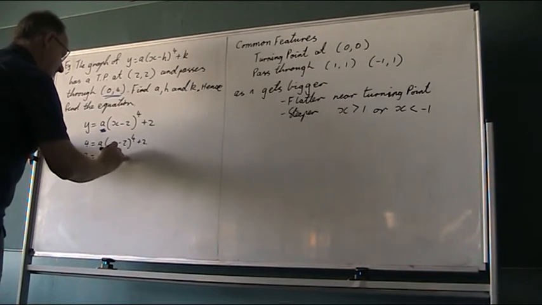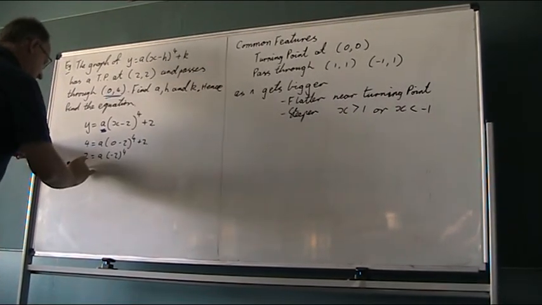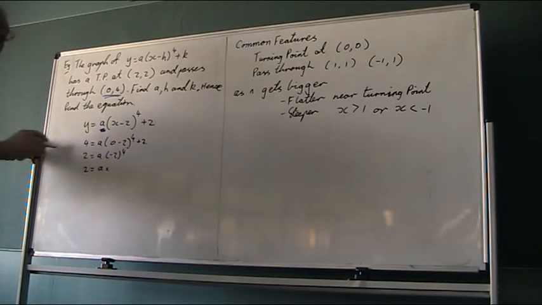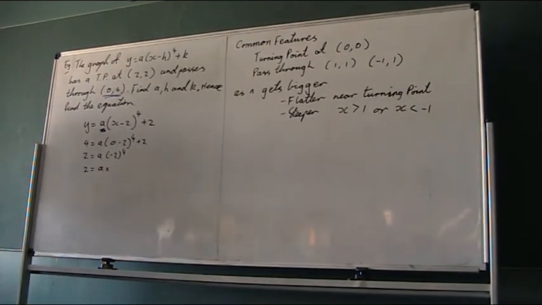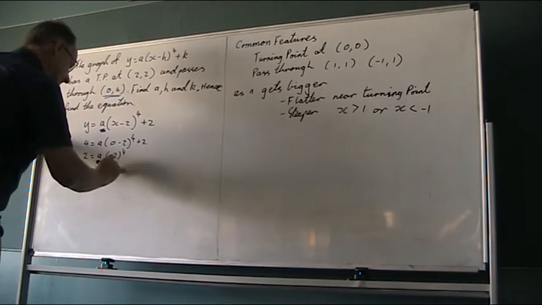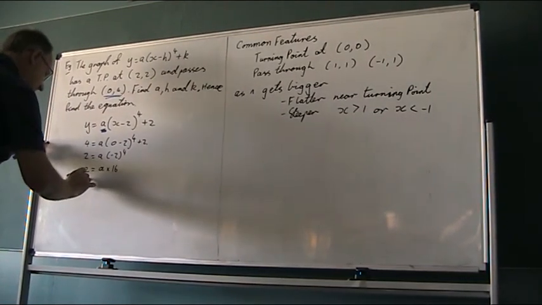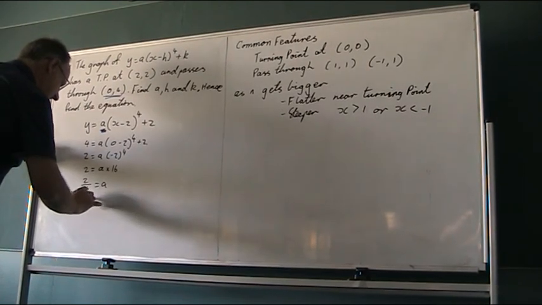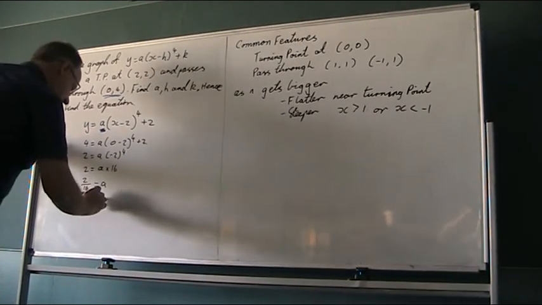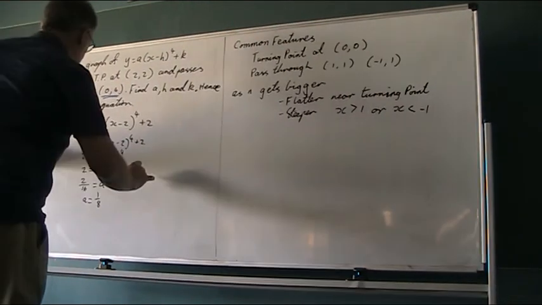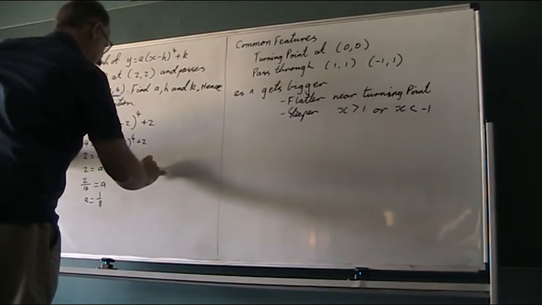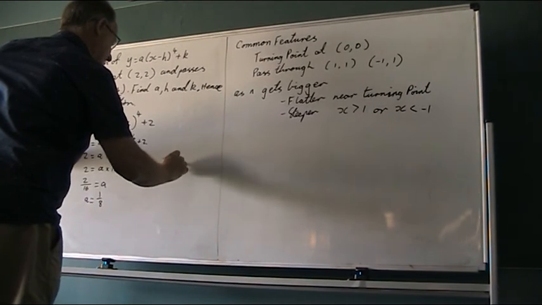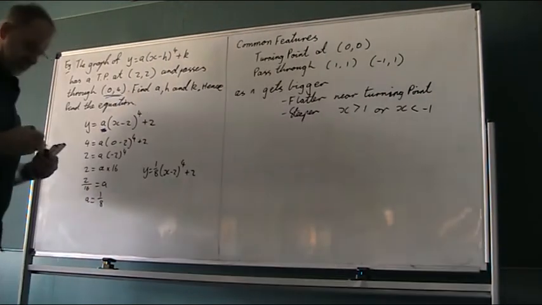So negative 2 to the power of 4 is 16. Divide both sides by 16. 2 over 16 is the same as 1/8. So our equation then is y equals 1/8 times x minus 2 to the 4 plus 2.